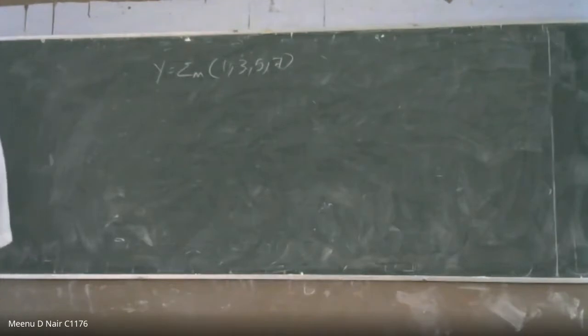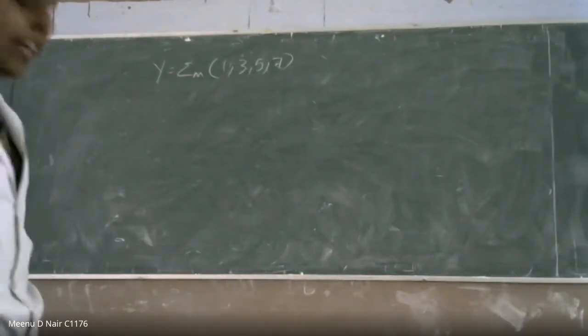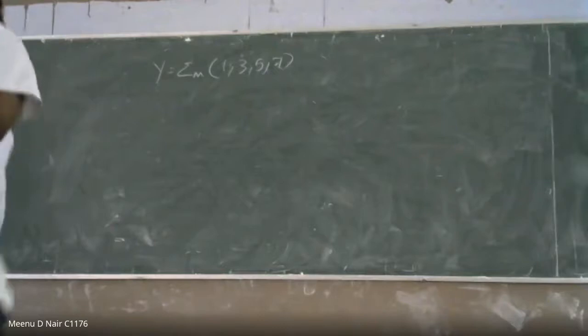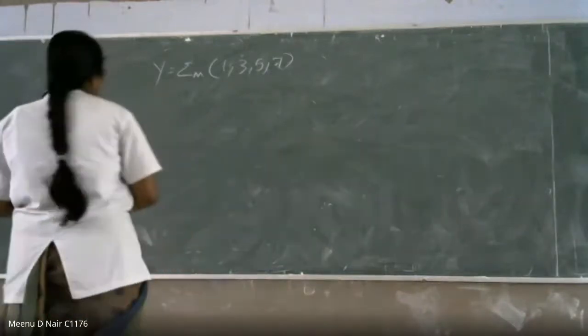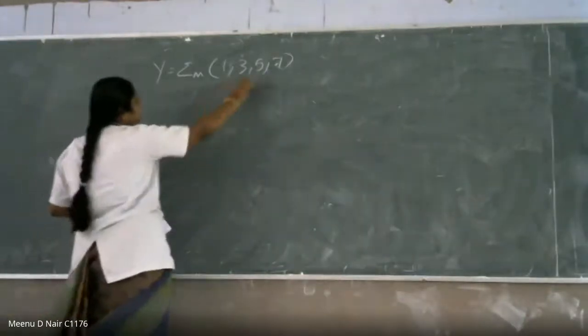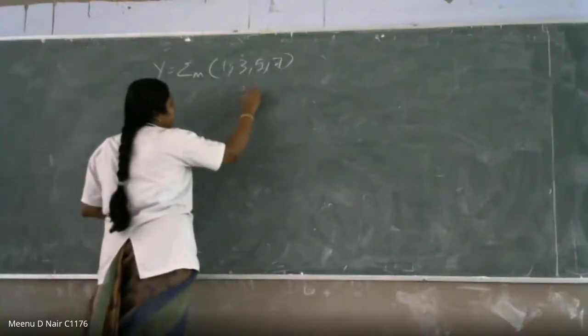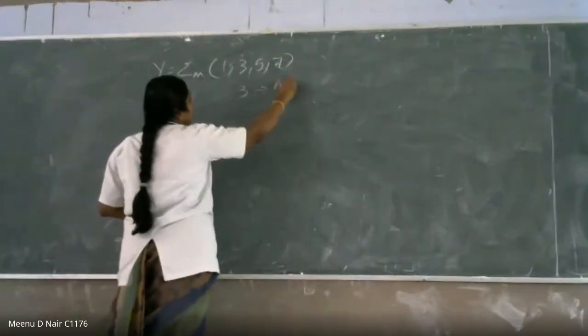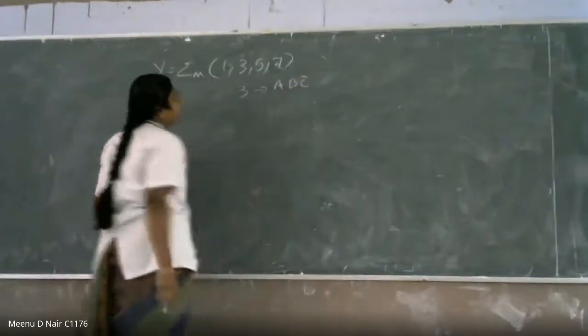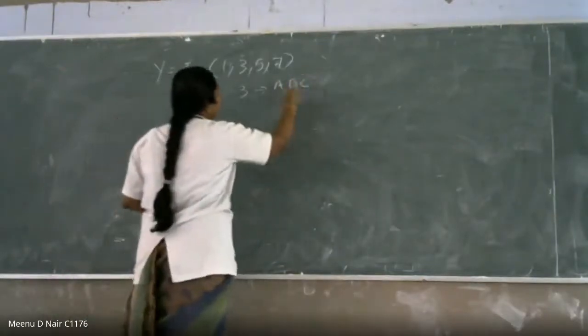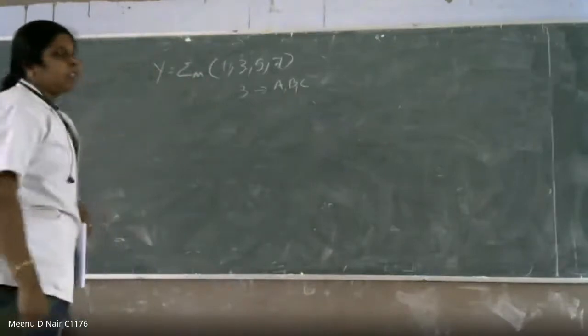Yeah, very good, Gayatri. It's 3, right? 3 variables are there. So you are assuming the 3 variables are A, B, C, because 7 is the maximum number, so you require only 3 variables. A, B, C are your 3 variables.